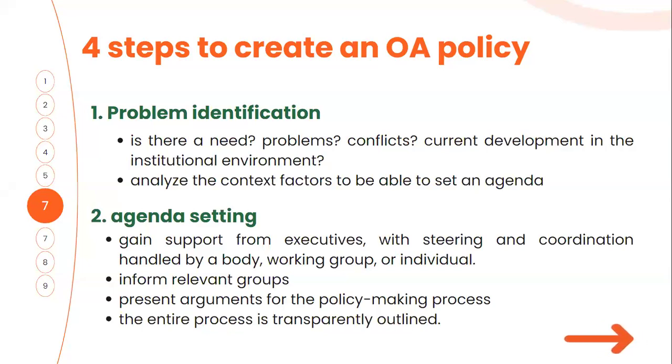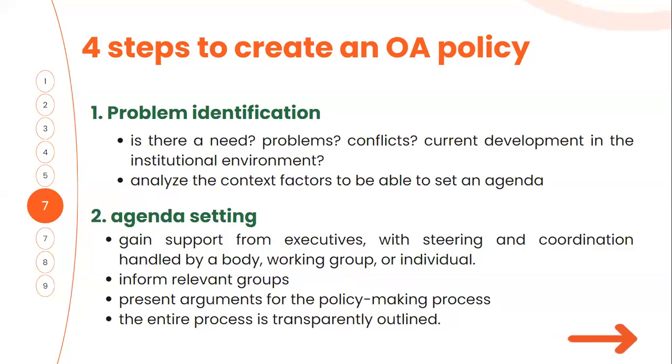You need coordination. You need a body. That committee was a body. We were the working group in that committee. You need an informed, relevant group. You cannot bring someone who doesn't know what open access is or what the laws in the country are to be part of that committee. You need people who know exactly what they are doing.